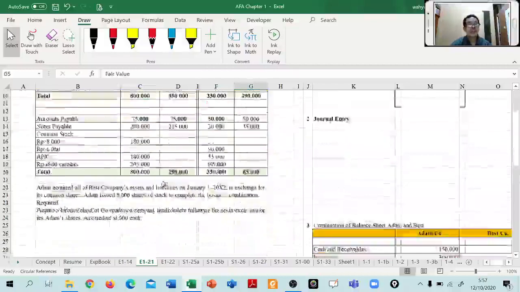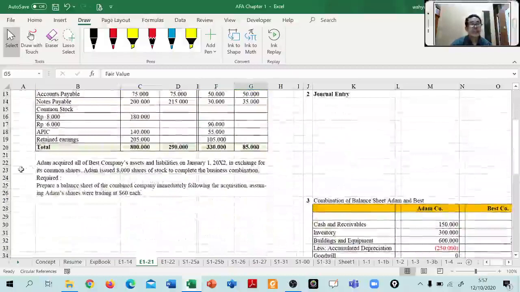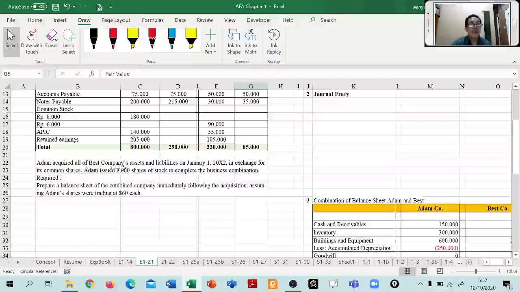The information is that Adam acquires all of Best Company's assets and liabilities on January 1st, 20x2 in exchange for its common shares, and Adam issued 8,000 shares of stock to complete the business combination. Prepare a balance sheet of the combined company immediately following the acquisition, assuming Adam shares were trading at 60 each.